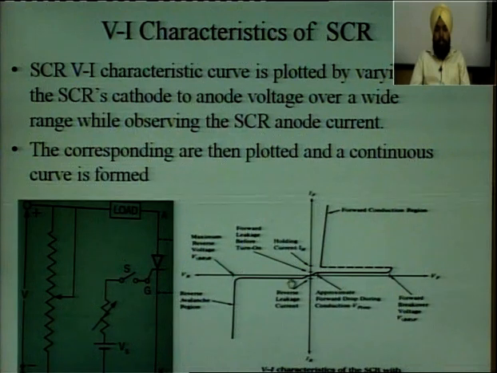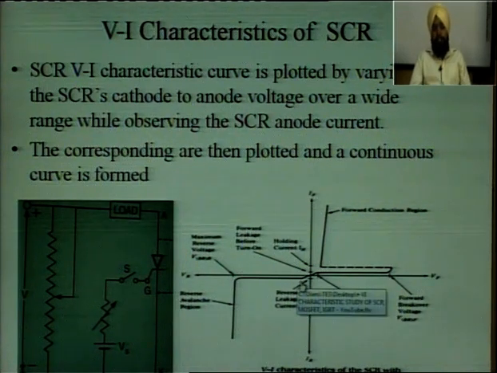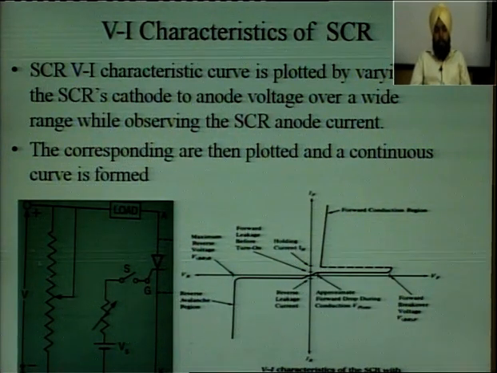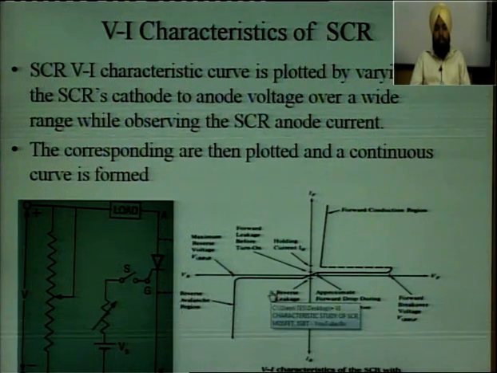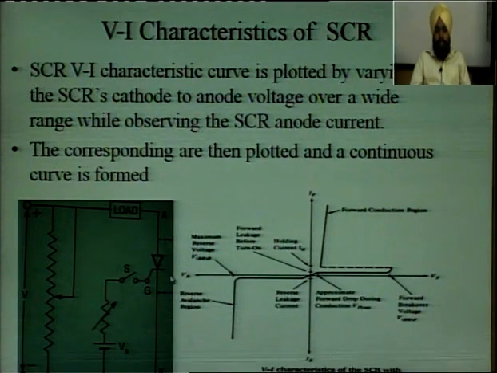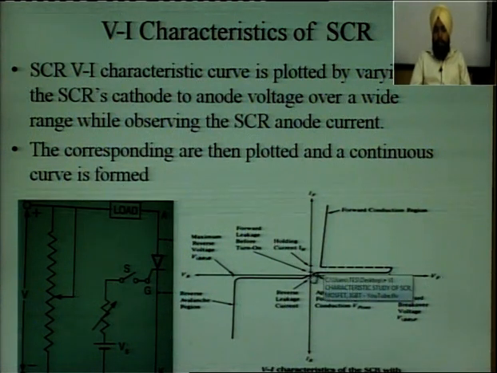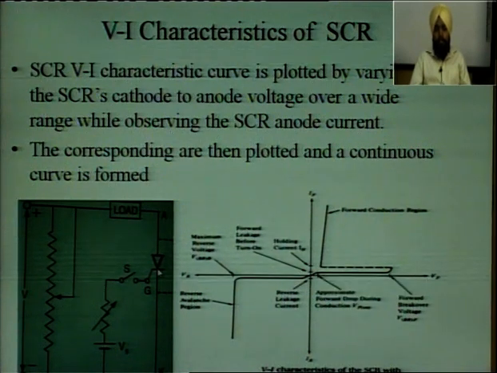So, the second case is when reverse bias is applied across the thyristor. When reverse bias is applied, all the junctions J1, J2, J3 will be reverse bias, and then no current will flow, but a small current will flow, that is the reverse leakage current, through this SCR.